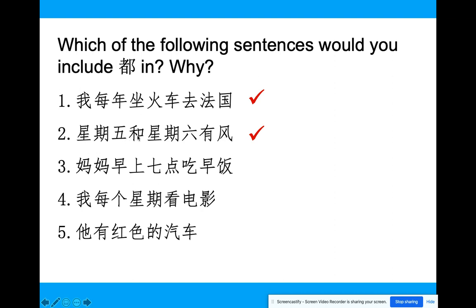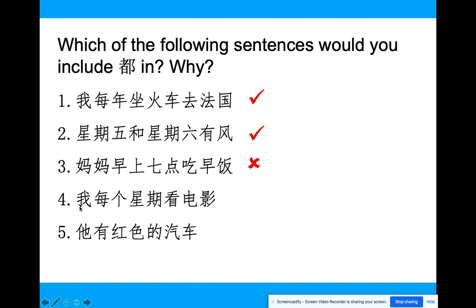Okay, both Friday and Saturday are windy. 3. Can you use 都 here? No, because it's just talking about mom, not a plural subject, and it's just talking about one time, 7 o'clock in the morning. It's not talking about every morning, so you can't put 都 here.